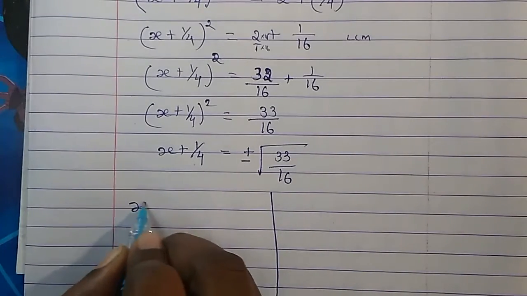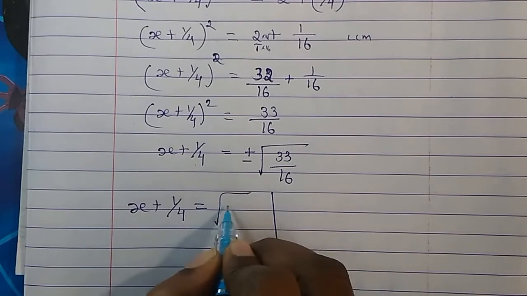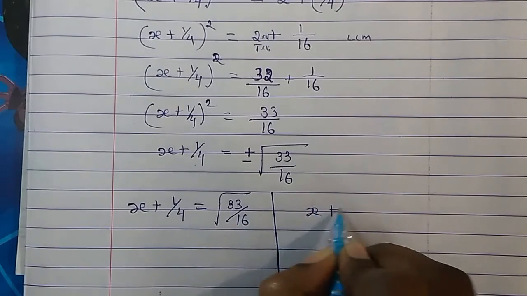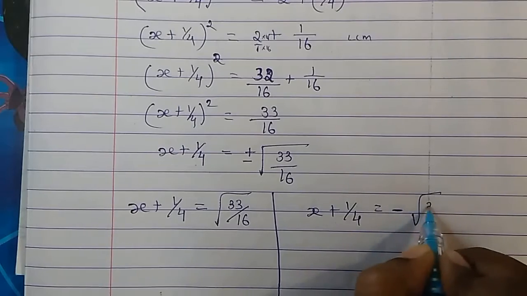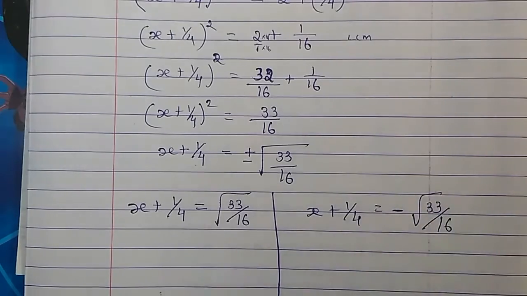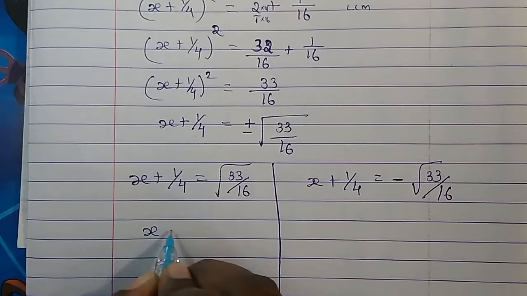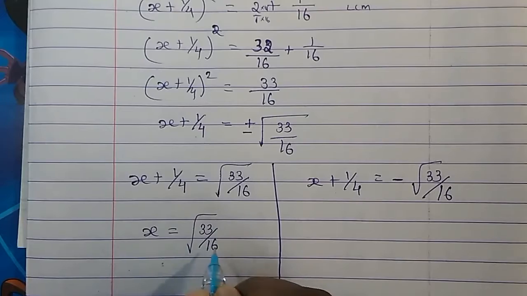So this will be written as x plus 1 upon 4, one time with plus and one time with minus. So now x equal to root 33 upon 16.